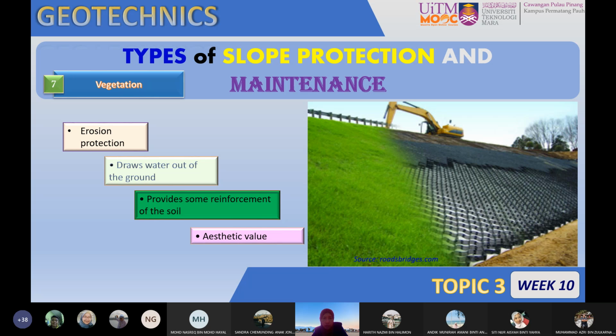And lastly, we close the slope face using vegetation. So you can see what was done by the contractor to maintain the slope from any failure.